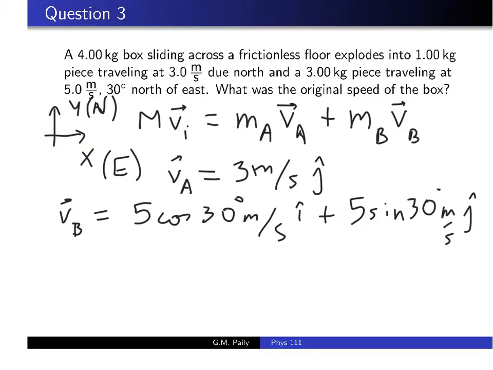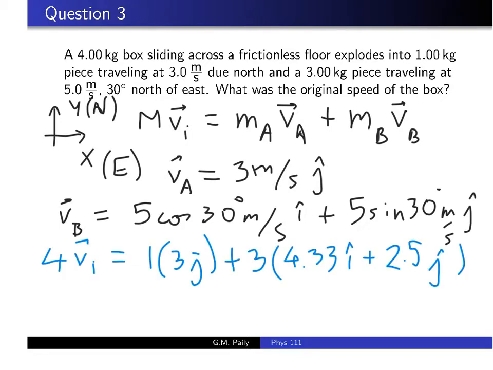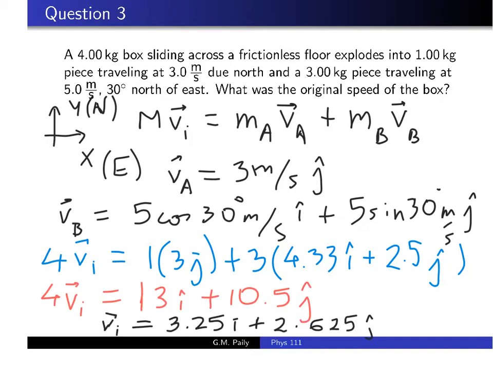Plugging all this into our original momentum conservation equation, on the left hand side we have 4 times v initial, MAVA becomes 1 times 3 j hat, and MBVB becomes 3 times 4.33 i hat plus 2.5 j hat. Simplifying, we have that v initial is 3.25 meters per second i hat plus 2.625 meters per second j hat.